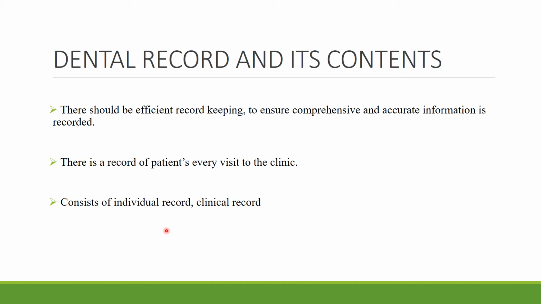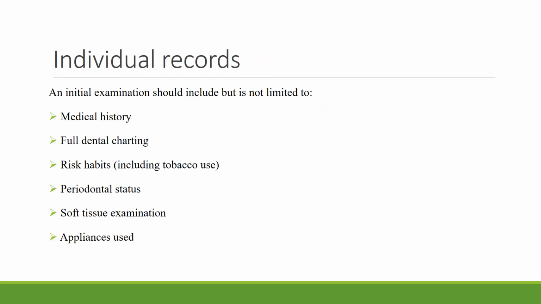The dental records will consist of individual records and clinical records. So let's see what the individual records are. These individual records must include these and more. These are essential: medical history, full dental charting, that means your ICDAS, your periodontal depths, all that has to be recorded.